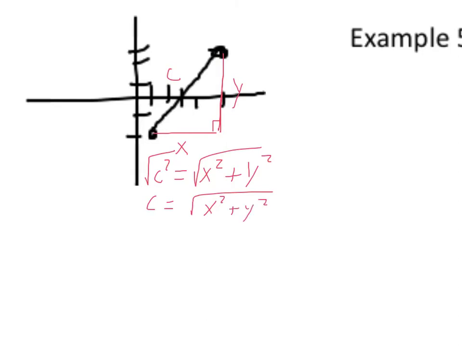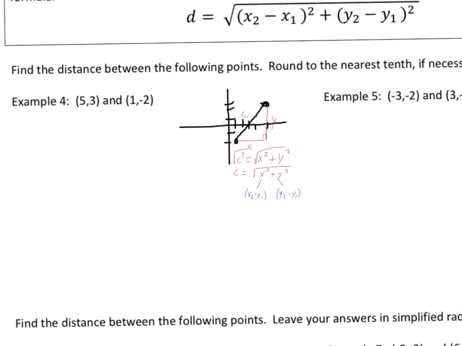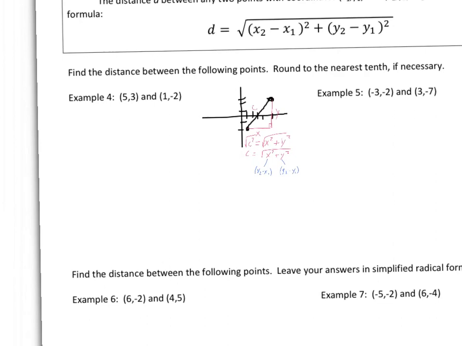Well, to find your x's and y's, you have to do this part of the formula that basically says subtract your y values from the coordinates. And here you'd subtract your x values from the coordinates. So we're doing the Pythagorean theorem in a hidden way, so to speak. That's why the formula looks the way it does.